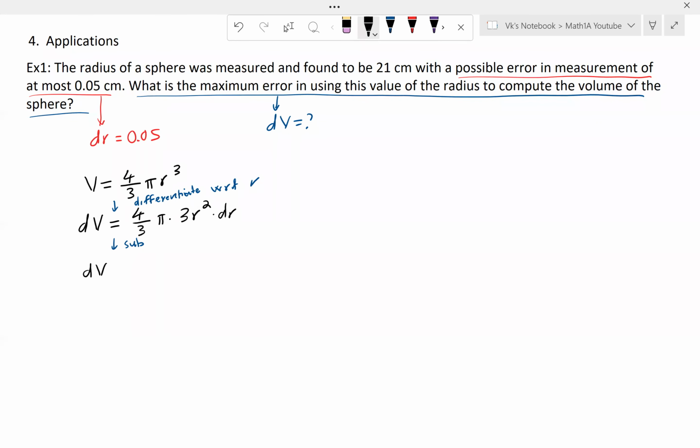We have dV equal to 4 pi. Radius is 21 centimeters, 21 squared. And dr is 0.05. That's a small change. And then that is it. This is dV right here. Got it. Pretty cool.